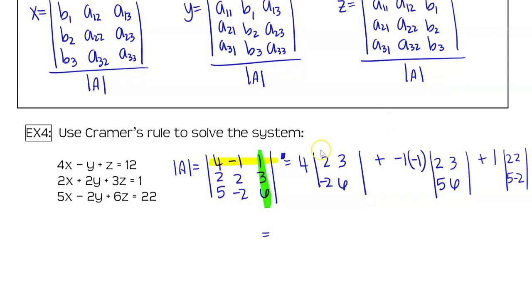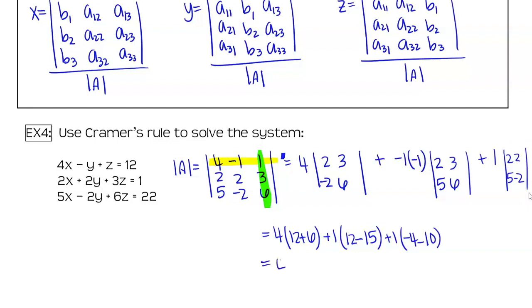Alright, so this one will be 4 times 12 plus 6. Okay, this is going to become just +1 times 2 times 6 minus 3 times 5, and then +1 times 2 times -2 is -4 minus 2 times 5.